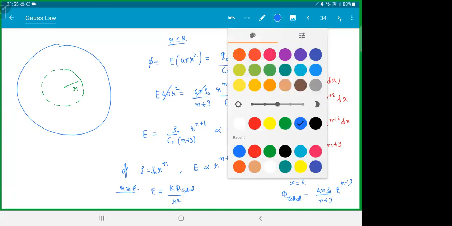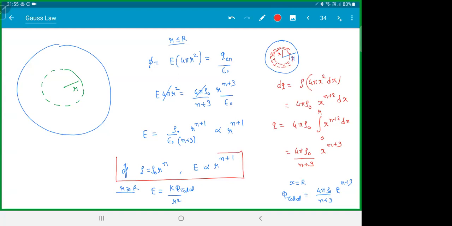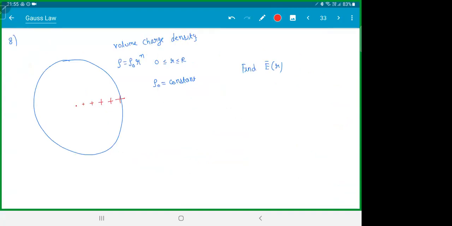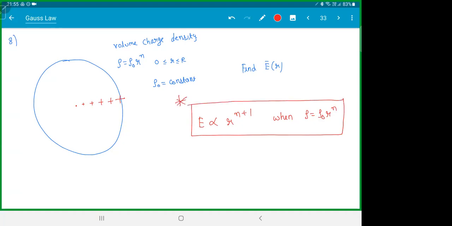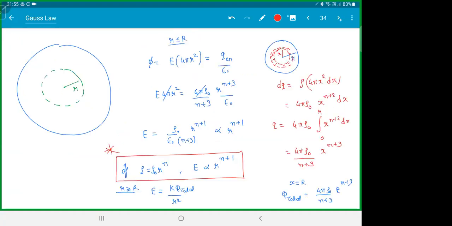This is a very important result. I'll write it in the question only: E is proportional to r to the power n plus 1 when rho is equal to rho naught r to the power n. If your charge density goes as a function of power n, the field will go as a function of n plus 1. Good result, remember this.